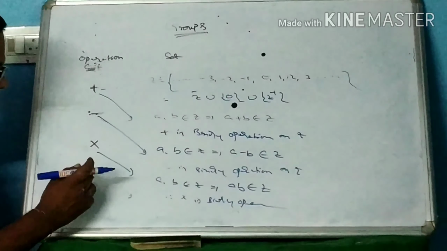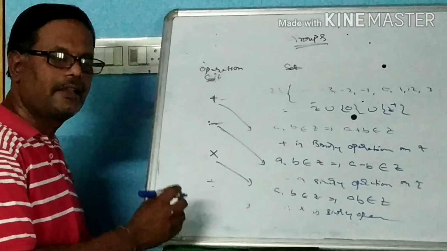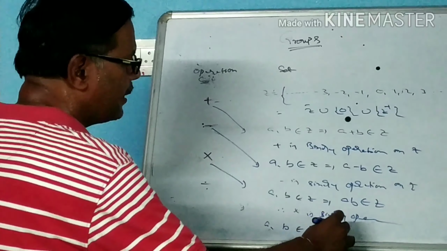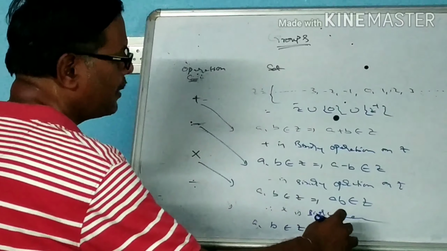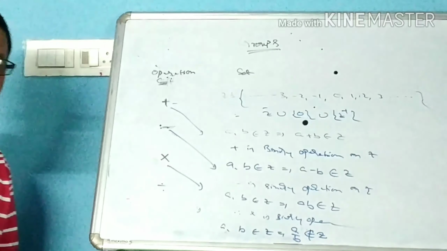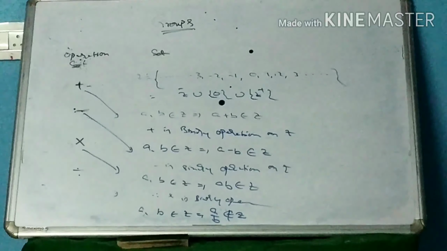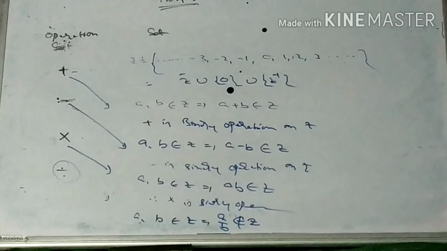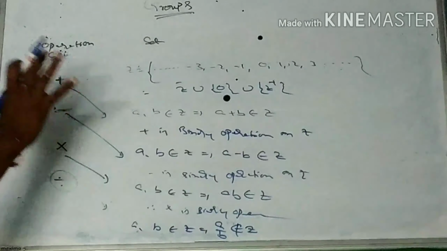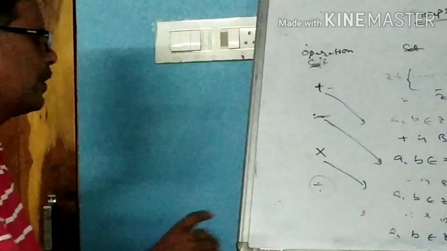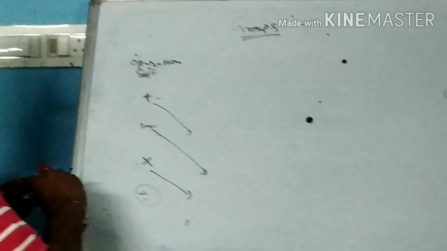What about division? Here, a, b belongs to Z, but a by b need not belong to Z. Therefore, division is not a binary operation on Z. Now, let us discuss the set of rational numbers.